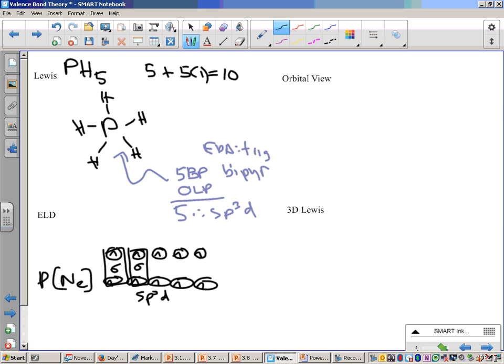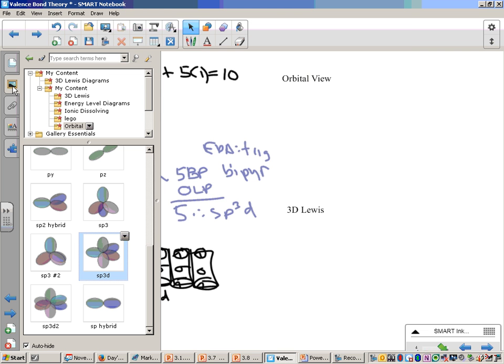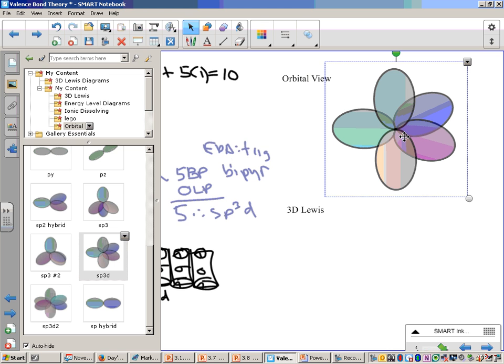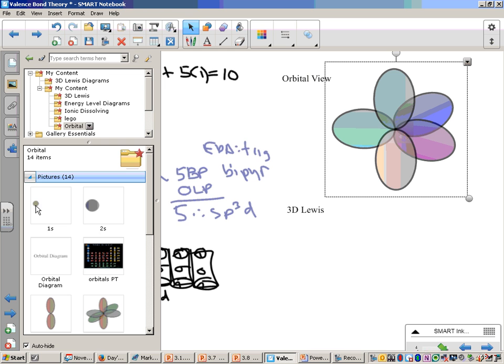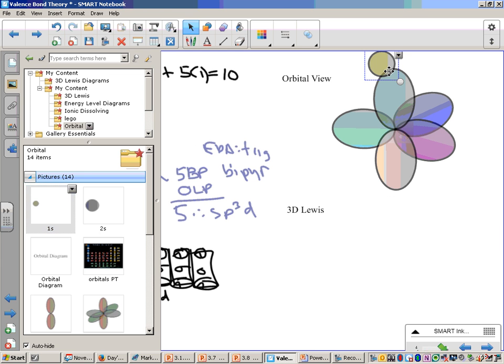I think we get the idea that these are all H's. No problem. So again, the orbital view. I'm going to grab one of my sp3d. And now I'm going to just put on my 1s's on the end of this thing.